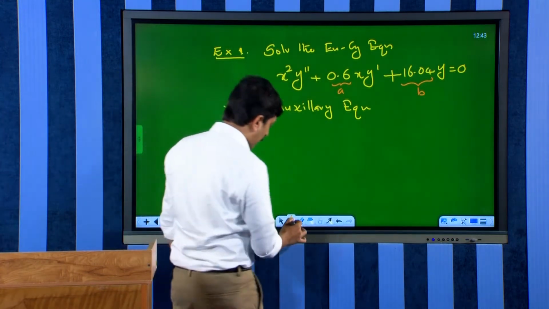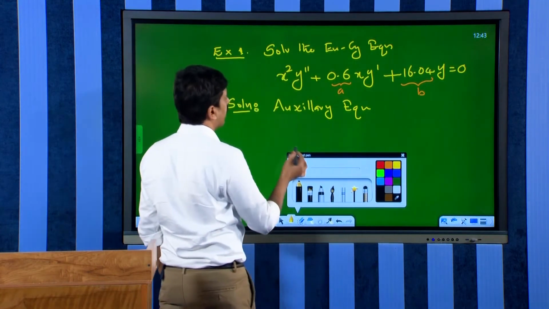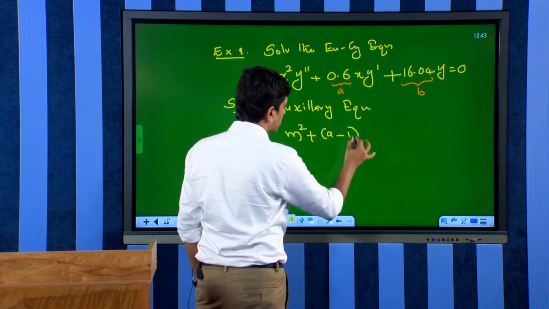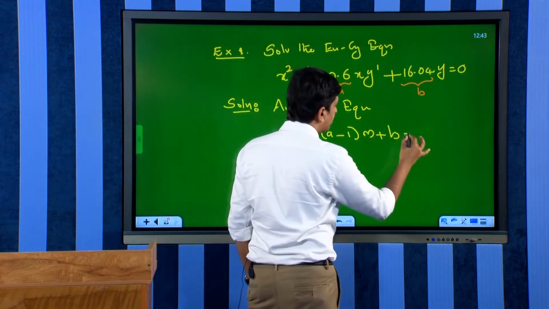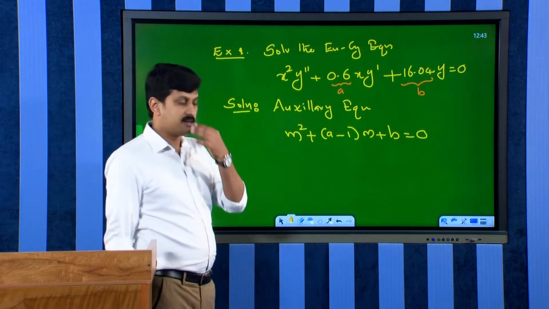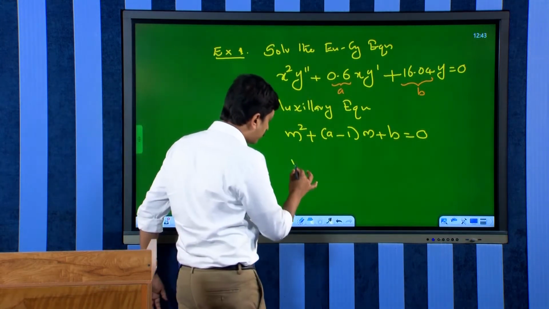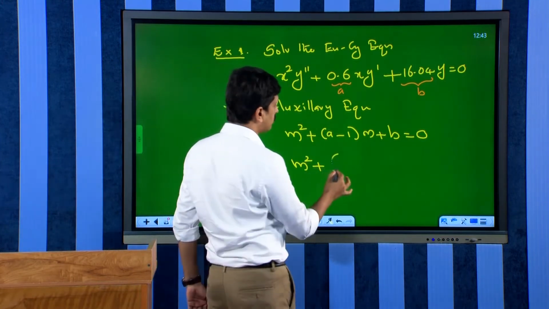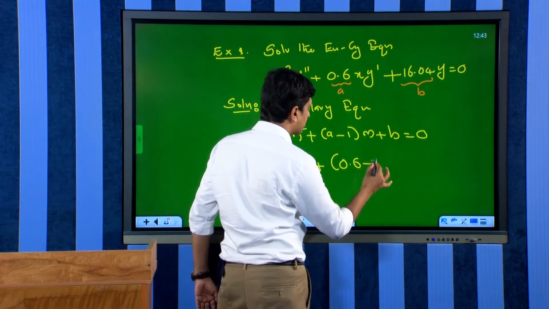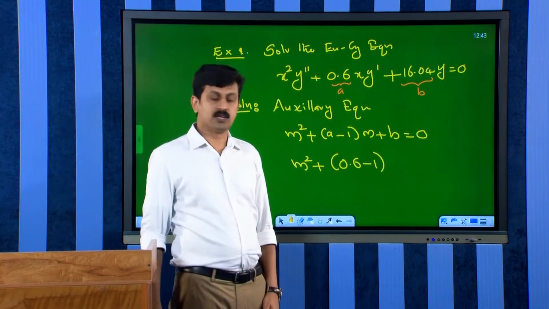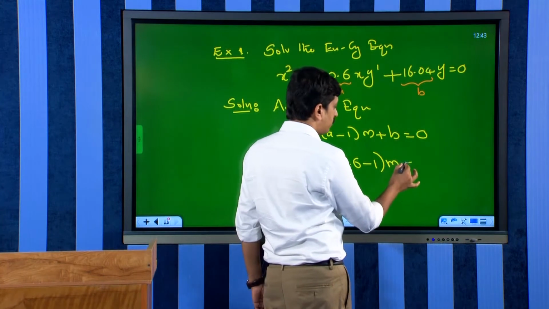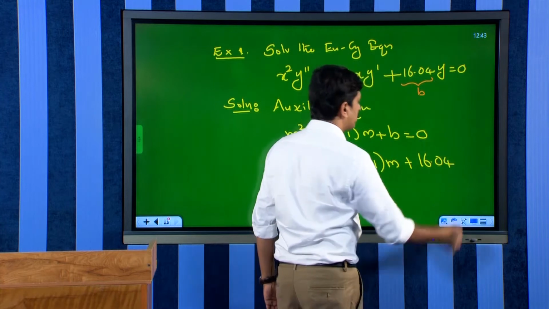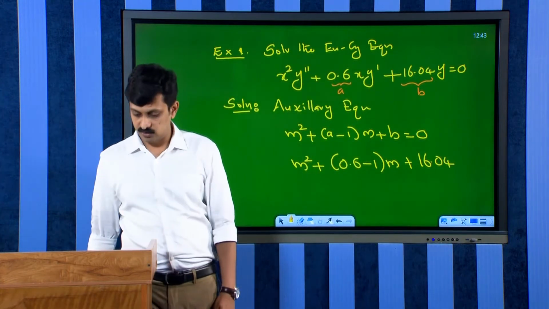So, we can write the auxiliary equation as m square plus (a minus 1) into m plus b is equal to 0. Therefore, we have m square plus (0.6 minus 1) into m plus 16.04 is equal to 0.